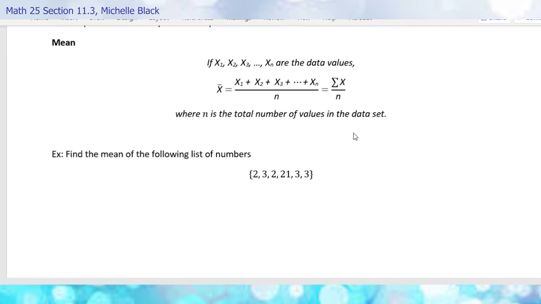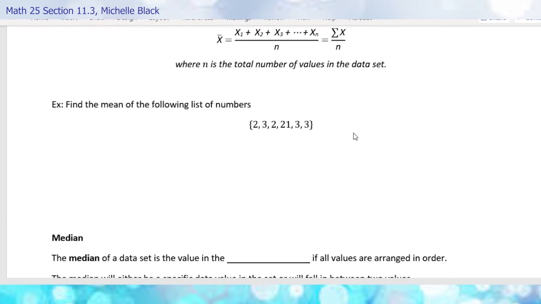For example, let's look at this list of numbers, which is 2, 3, 2, 21, 3, and 3. To calculate the mean of this, we need to add all these numbers together.